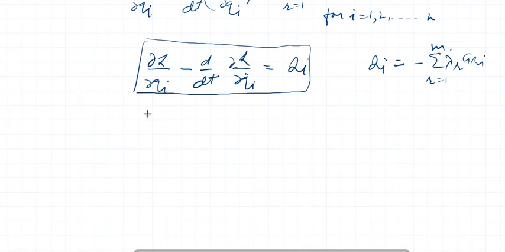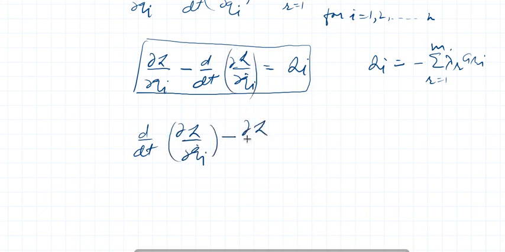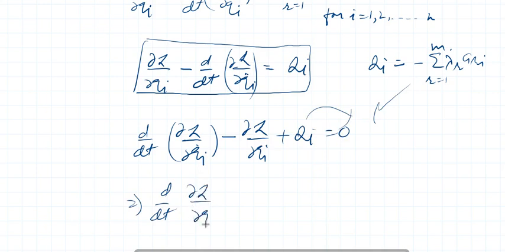or in other words I can say that d/dt ∂L/∂q̇_i minus ∂L/∂q_i plus Q_i is equal to 0, or if I put its value here and bring this towards that side, then it can be written like this, equal to summation r varies from 1 to m of λ_r a_ri.